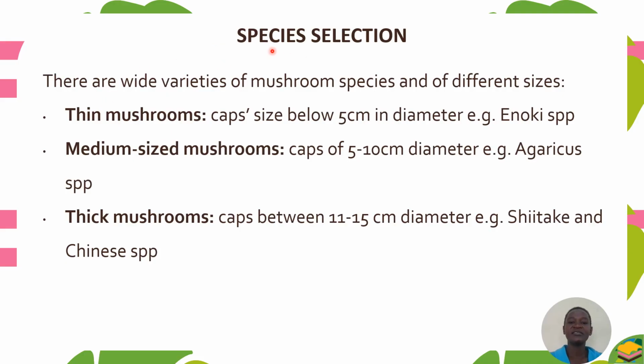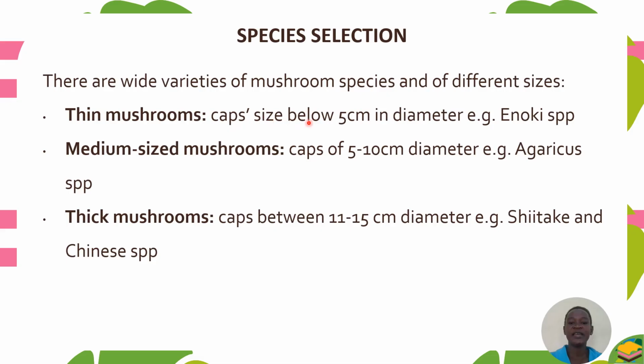Let's start with species selection. There are wide varieties of mushroom species and they are of different sizes. Some are thin, we call them thin mushrooms. We describe them as thin mushrooms depending on the size of the cup or size of the stem.